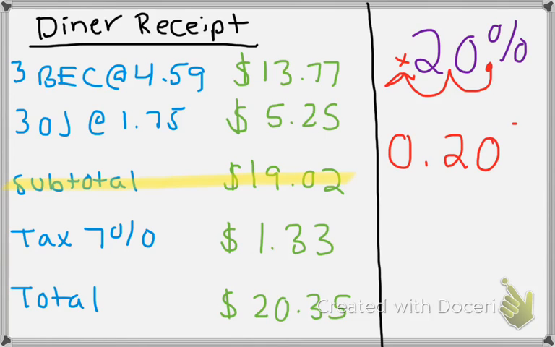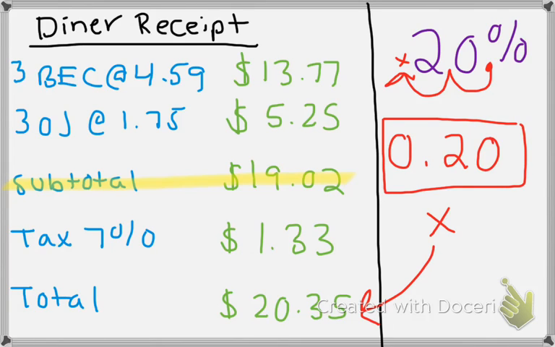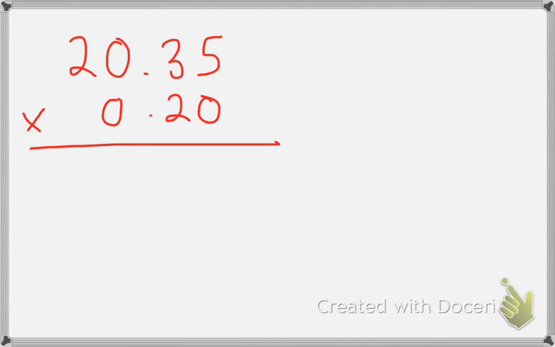So what we have to do is take this decimal and multiply it by the total. So we're multiplying 20.35 times 0.20. Remember, 20.35 is the total of the check and we want to tip 20%. So what that comes out to, just to save time, is 4.07.